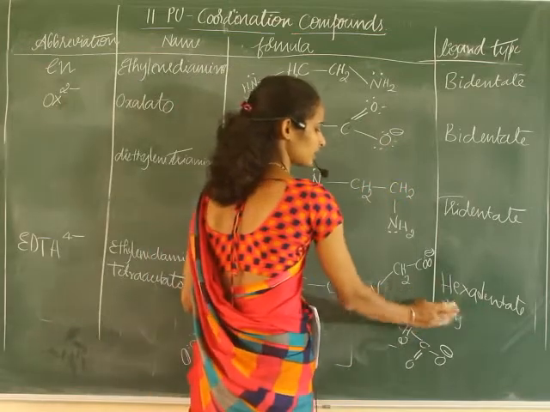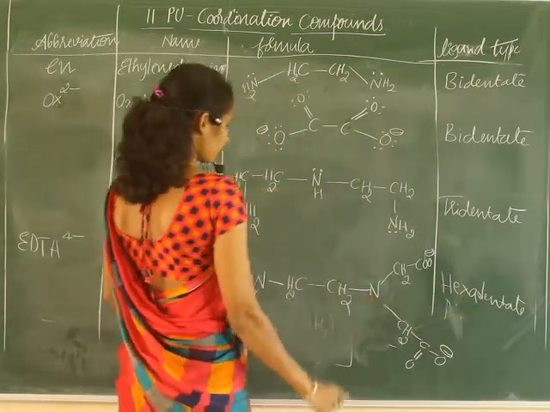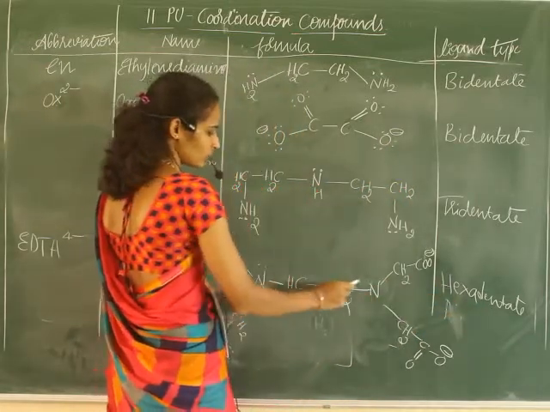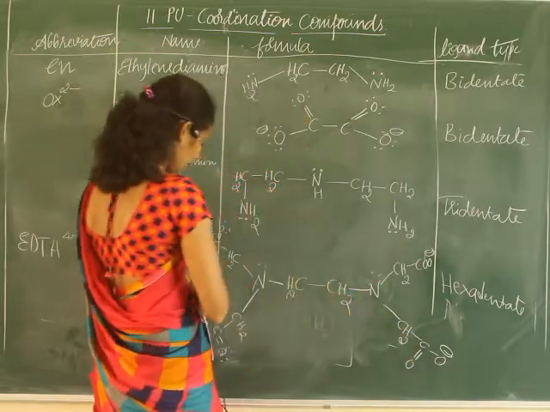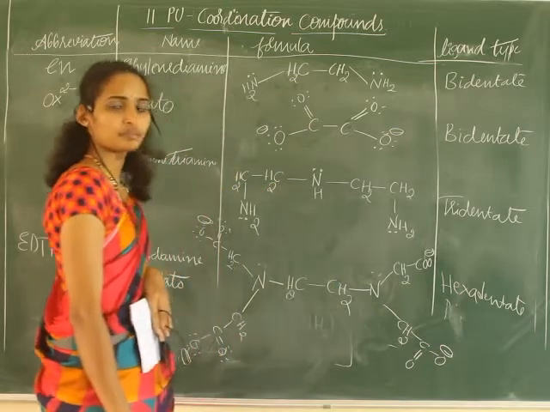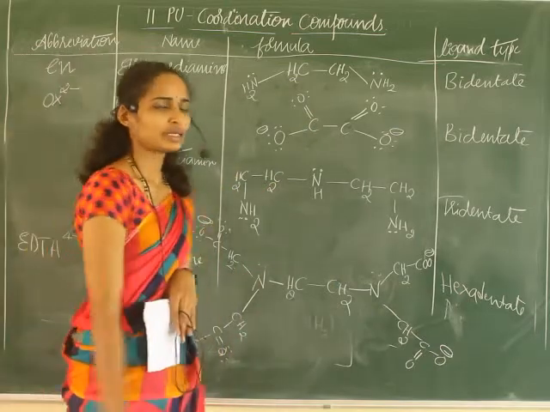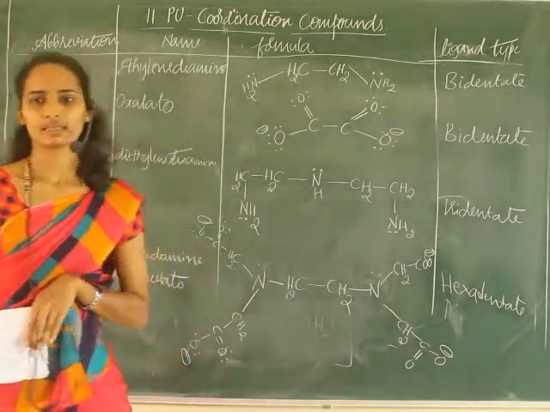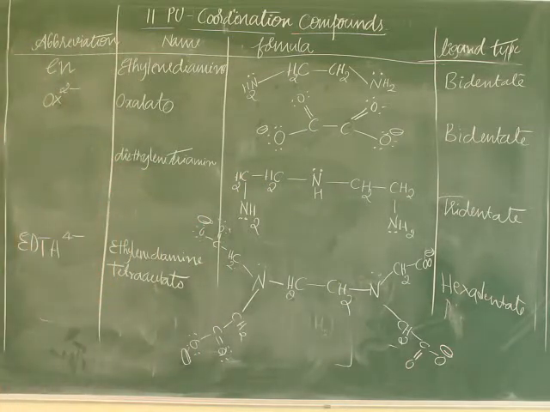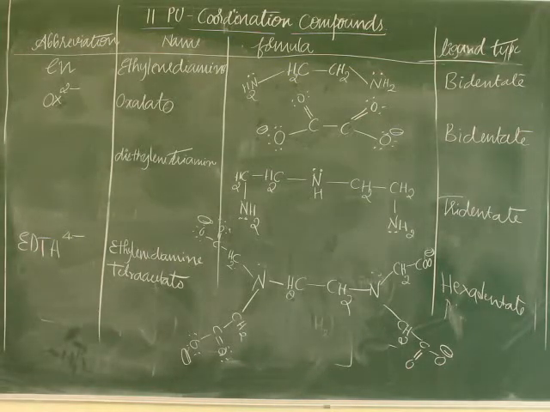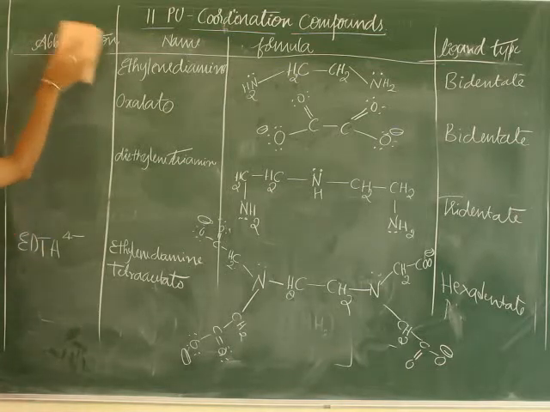Better hexadentate, or you can write polydentate. See here 1, 2, 3, 4, 5, 6 donating groups are present, right? This is about hexadentate or polydentate ligand. Next, we'll move to the next topic, that is ambidentate ligands.